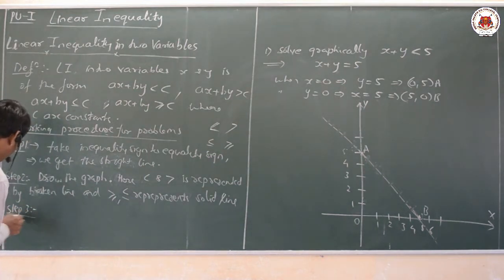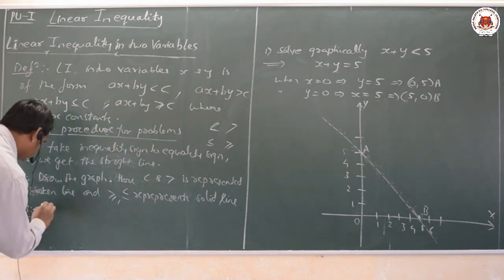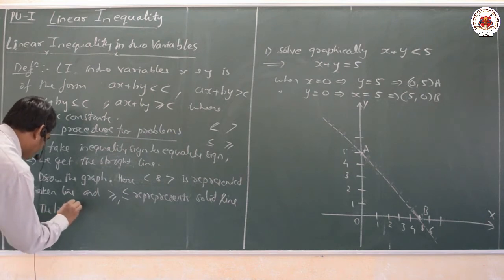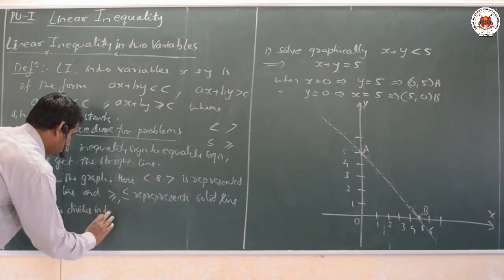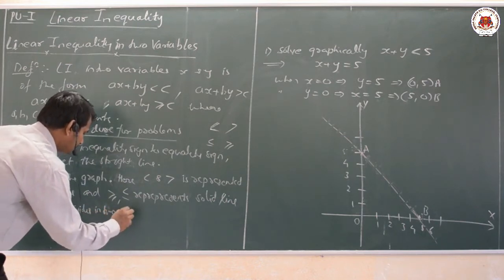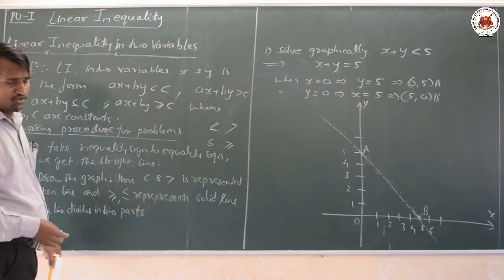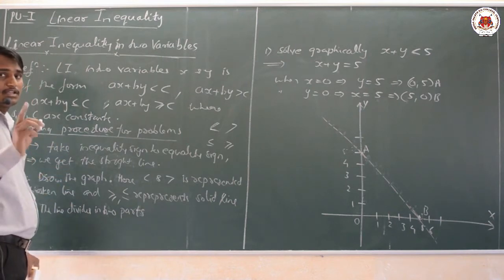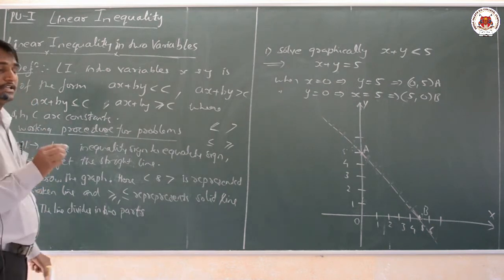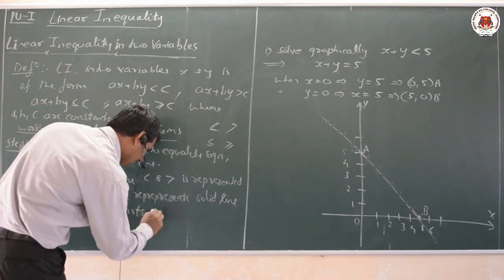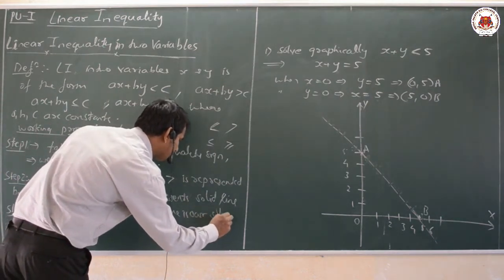Step 3: the line divides the whole 2D plane into two halves, the first and second part, and one of them is our solution region.